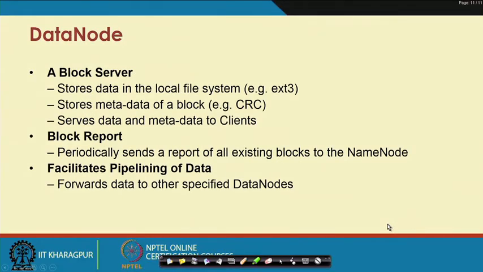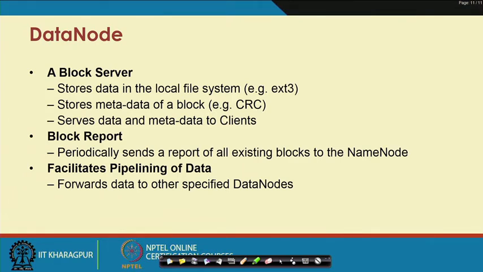Okay. And the data node acts as a block server. Typically a data node would not only store the blocks in its local file system, but it will also act as a node for processing data in the MapReduce framework, so that you can have data local computation.